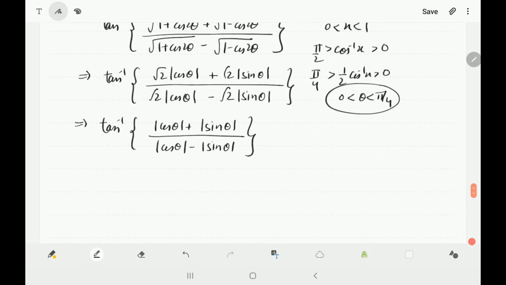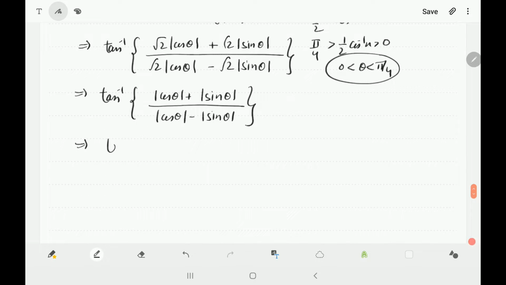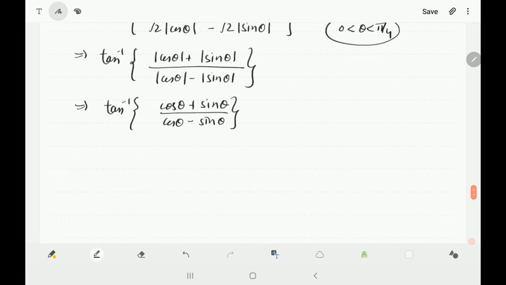So from 0 to pi by 4, cos is positive and sin is also positive. So this will become cos theta plus sin theta upon cos theta minus sin theta. Okay, so once you divide this term with cos theta, we will get 1 plus tan theta upon 1 minus tan theta.